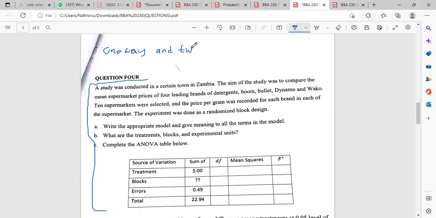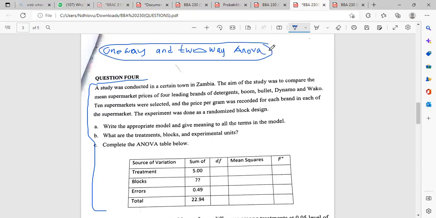So this is what we are going to look at. I'll explain the details of the analysis of variance, be it one-way ANOVA or two-way ANOVA. So we'll look at both of them.